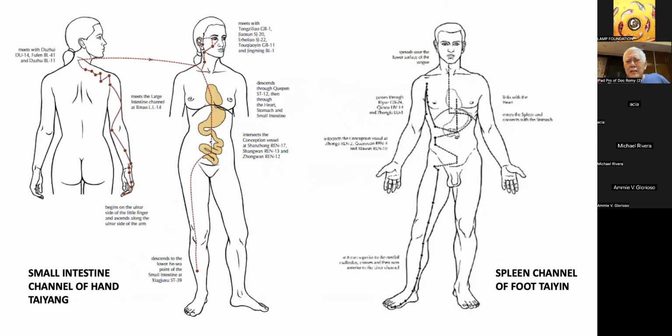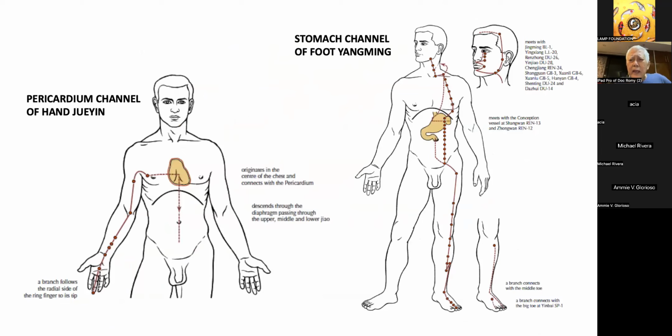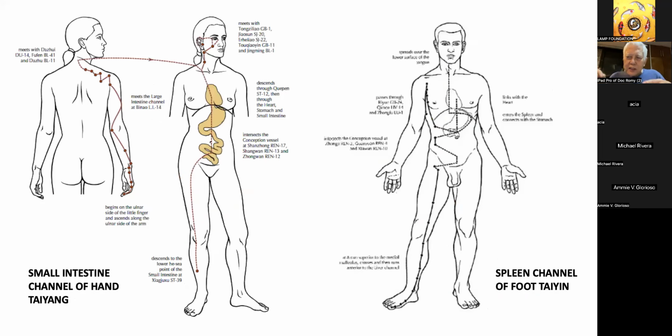Can you imagine Jue Yin beside the Yang Ming? Jue Yin has pericardium and liver. Yang Ming has large intestine and stomach. If these are in front of you, pericardium will balance the stomach and the liver will balance the large intestine.